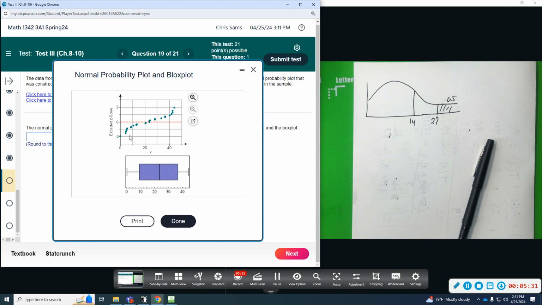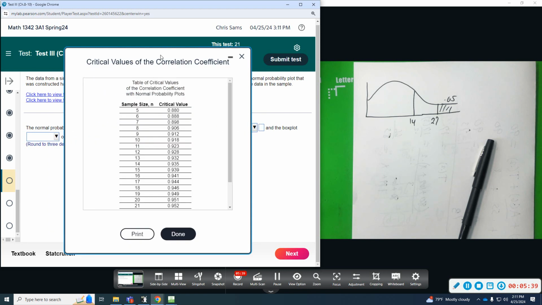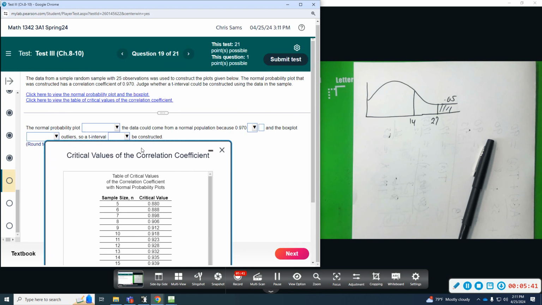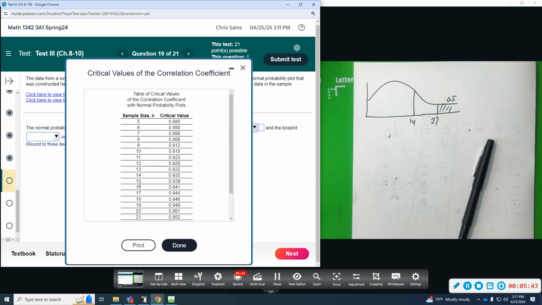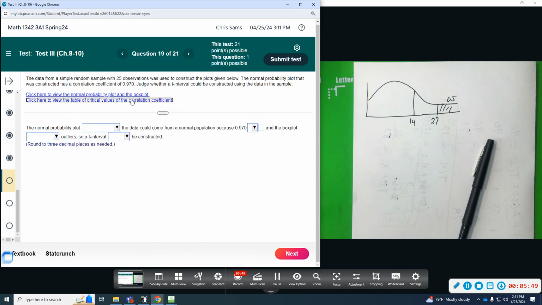So here's the data. We got a box plot. Correlation coefficient values, 25, so 20, and we got 0.959, which this is greater, so that's good.